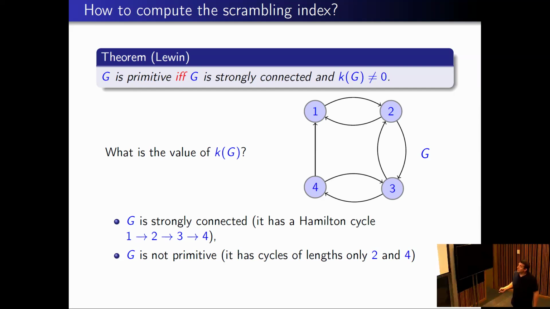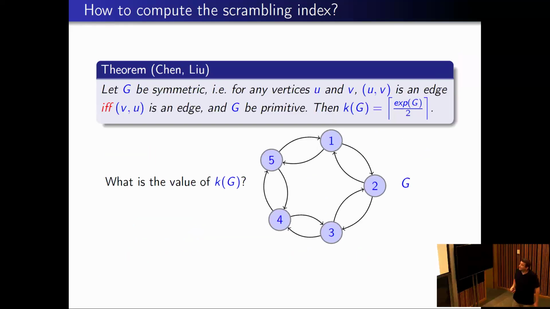So in case I see my graph is strongly connected but not primitive, I automatically get that the scrambling index is 0. So sometimes it's easy via the graph.